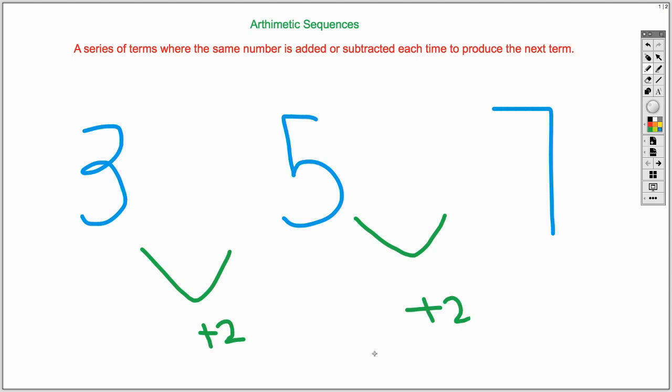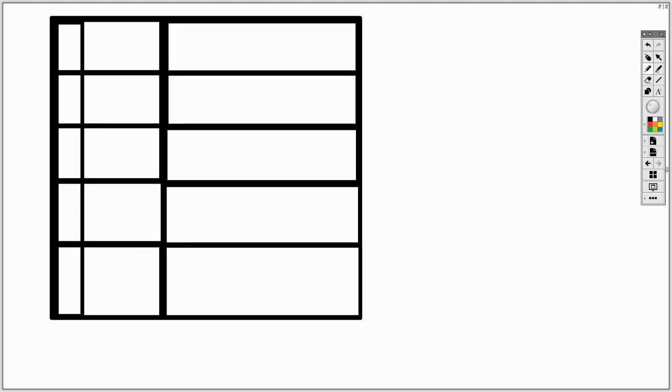But going to our real definition, an arithmetic sequence is a series of terms where the same number is added or subtracted each time to produce the next term. Here I sketched out a little table for us, and I'll just write here 1, 2, 3, 4, and 5.